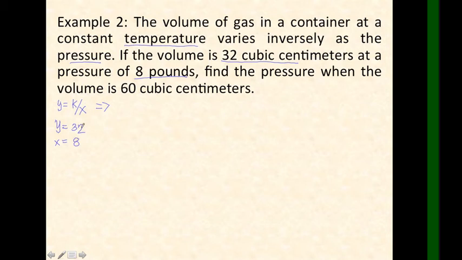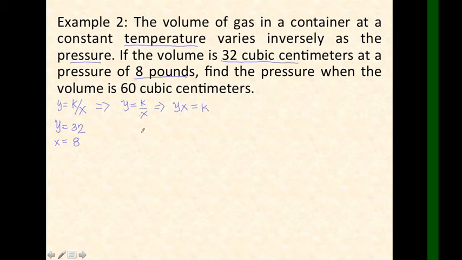First, isa-solve natin yan. Pwede nating i-equate yung ating formula na y equals k over x. I-cross-multiply natin to. Pwede siyang maging y times x equals k, para makuha natin si k.